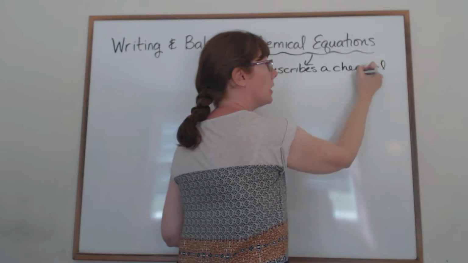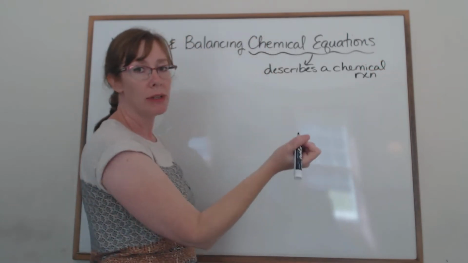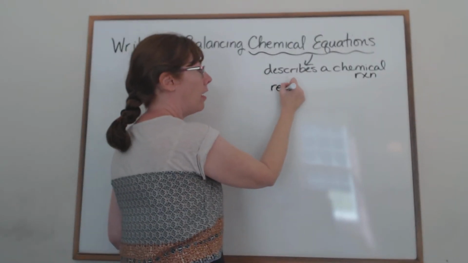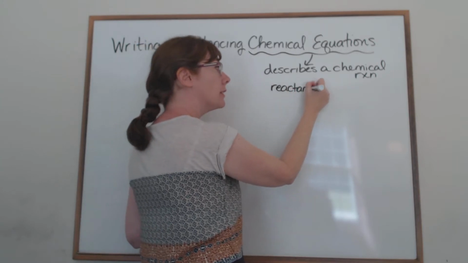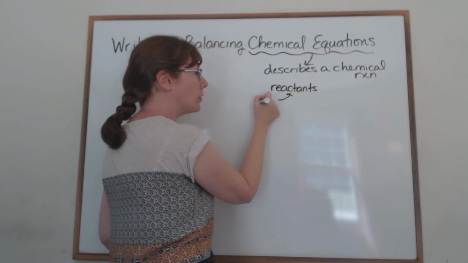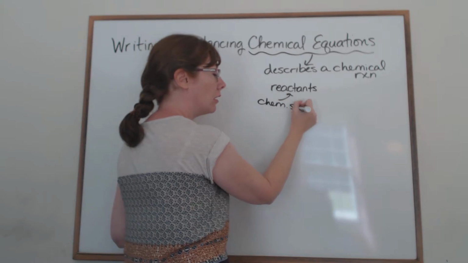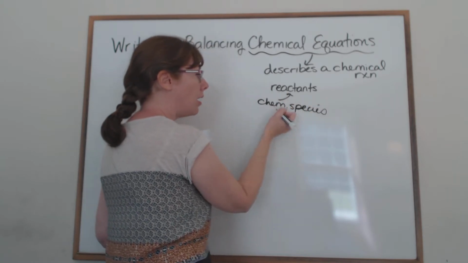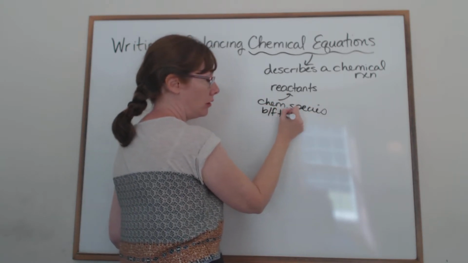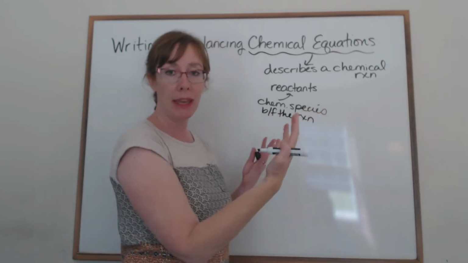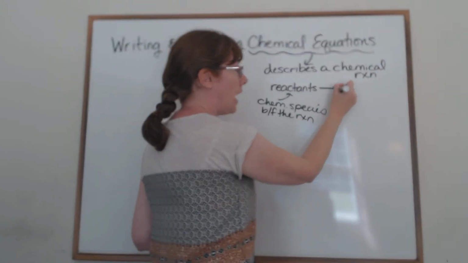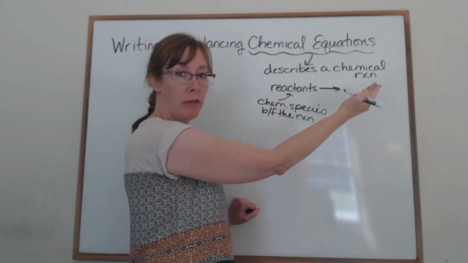A chemical reaction, once again, always has the basic format of reactants, which are basically the chemical species before the reaction. So in other words, what you have at the beginning, and then an arrow to indicate that a chemical reaction occurred.